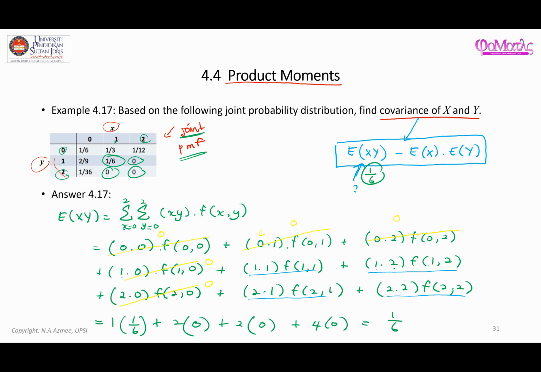Right, next we are going to find the value of E[X]. In order to find this value, we know that the formula for finding E[X] has to involve finding the marginal distribution, because E[X] is the summation of x times f(x).